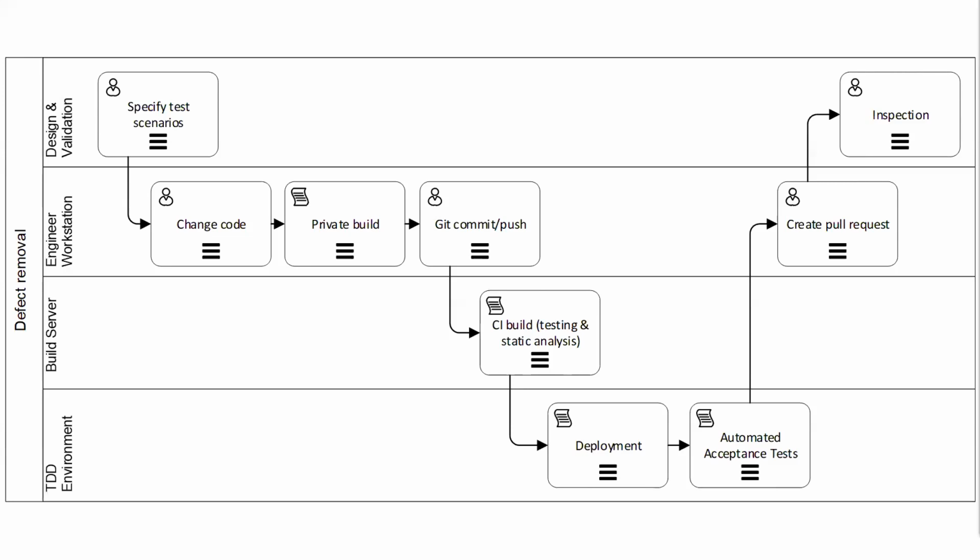On the engineer workstation, we have coding, private build, and committing and pushing. And the developer trying to change the code, that's another level of validation where, if we have to stop and have a conversation, then there could be something wrong there. Private build.